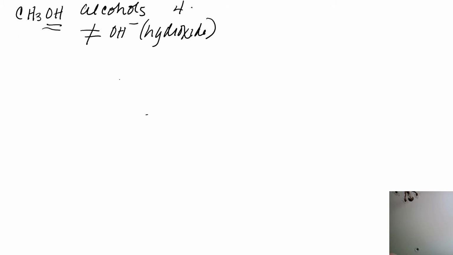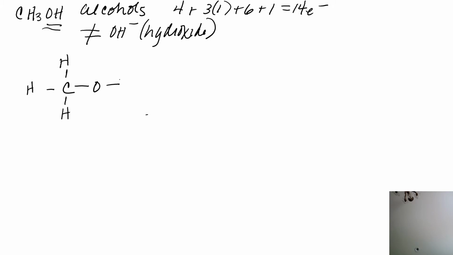We have 4 plus 3 times 1 plus 6 plus 1 more for that other hydrogen. So we have a total of 14 valence electrons to distribute here. The formula tells me that I have 3 hydrogens bonded to this carbon, 1 oxygen bonded to that carbon, and then the hydrogen bonded to that oxygen.